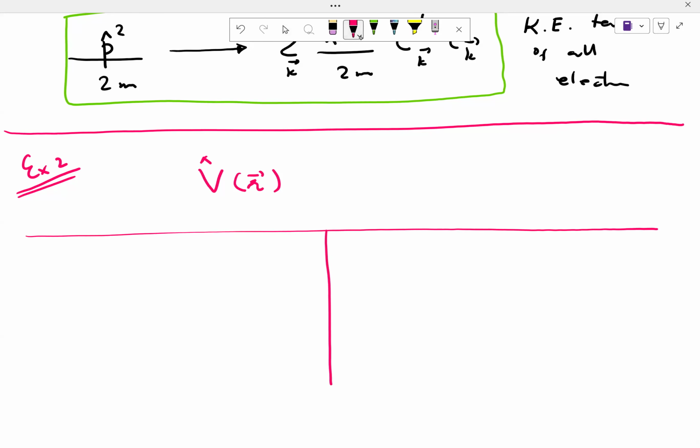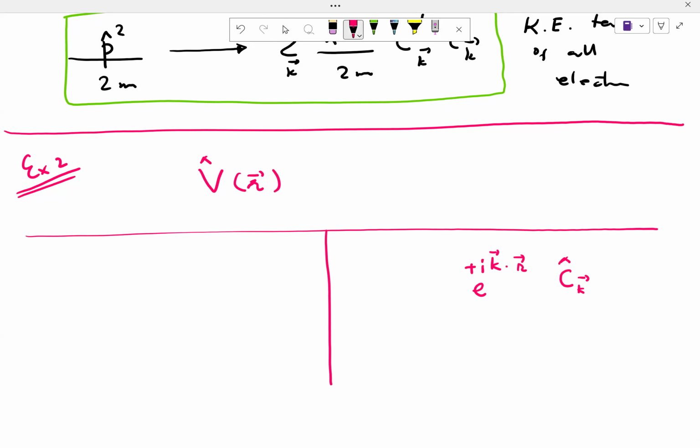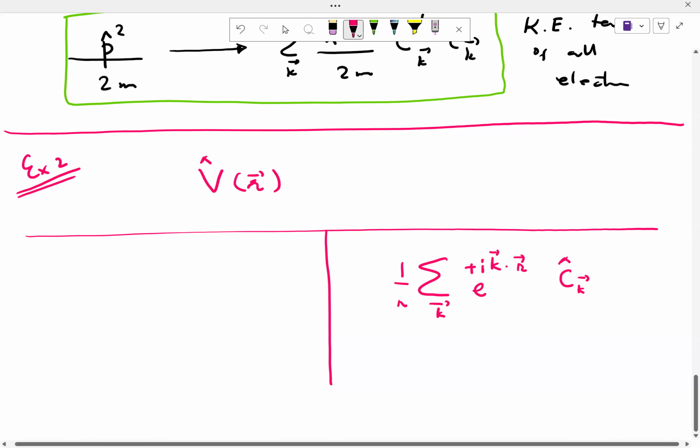So I already know that I can move from the k space if I were to have an annihilation operator c_k, and multiply this with e^{ik·r}, and I sum over all k's and divide by the square root of the number of particles, I will get an operator in the real space.